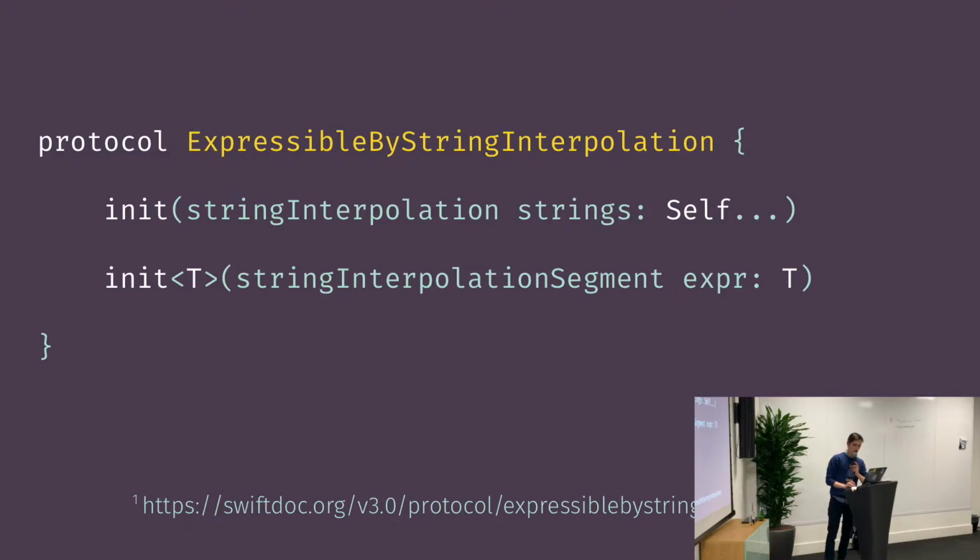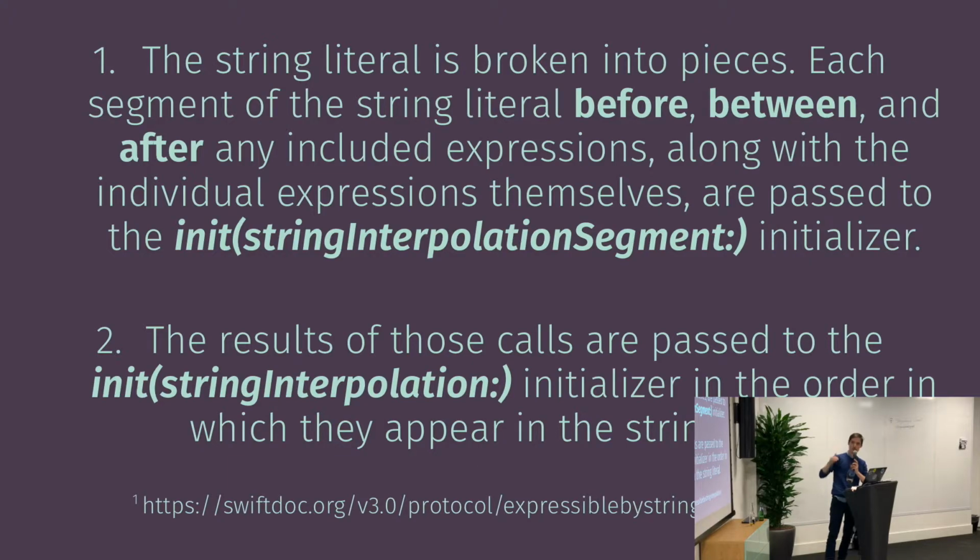And also in these docs we can find a description of the whole process of interpolating the string. It says that, first, the string literal is broken into pieces. Each segment of the string literal before, between, and after any included expression in brackets, along with the individual expressions themselves, is passed to the init(stringInterpolationSegment:) constructor.